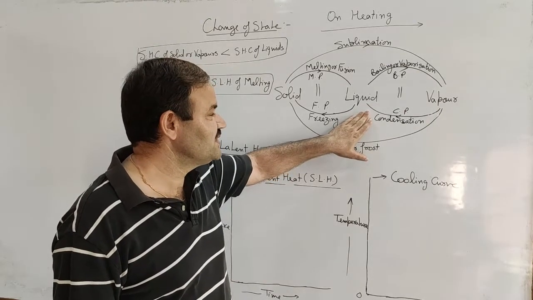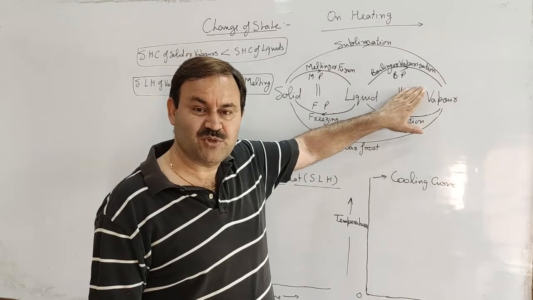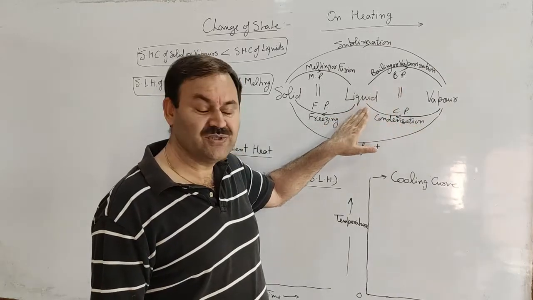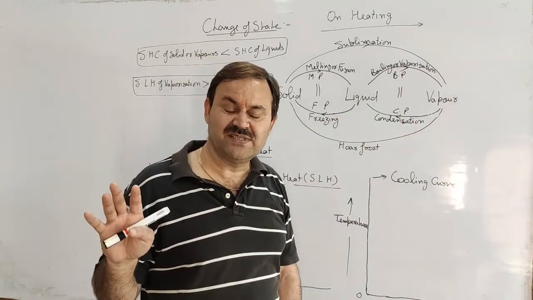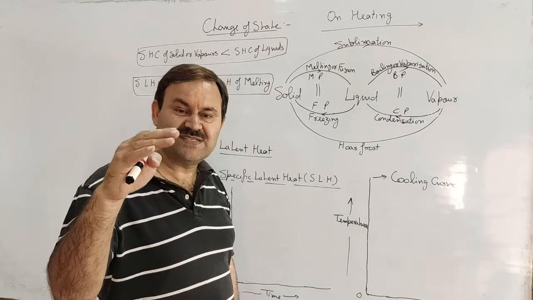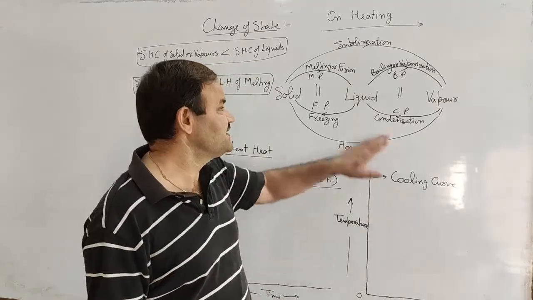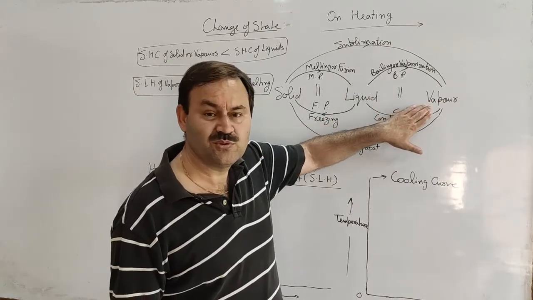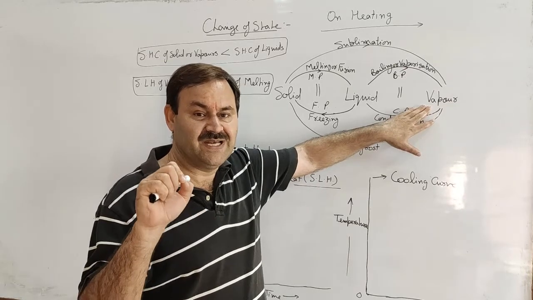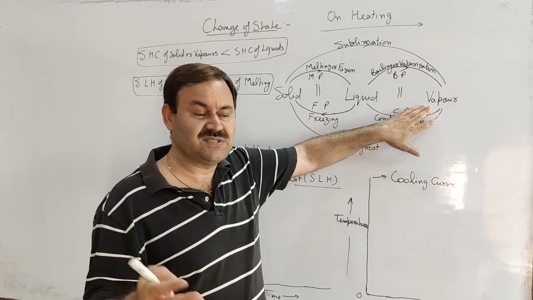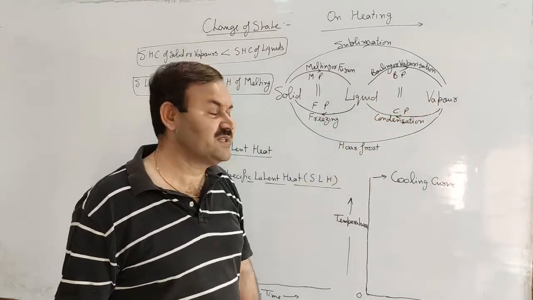This constant temperature will be called its boiling point or vaporization point, and heat supplied to the liquid at its boiling point will not be utilized by the liquid to raise its temperature. It will be utilized only to change its state from liquid to vapor state, and again this heat will be latent heat of vaporization or latent heat of ebullition or boiling.